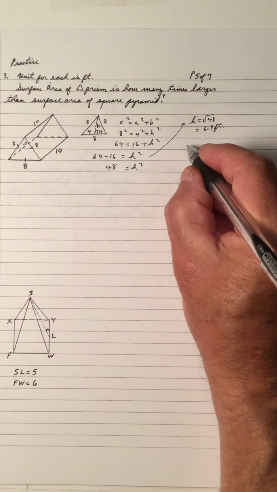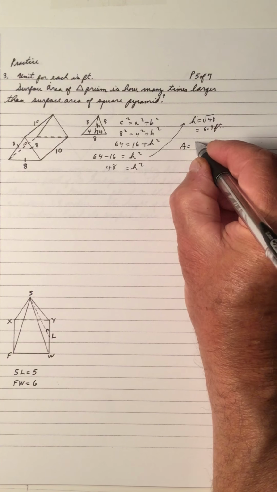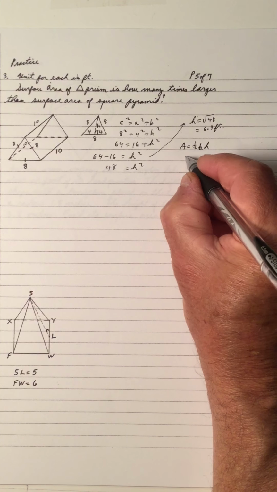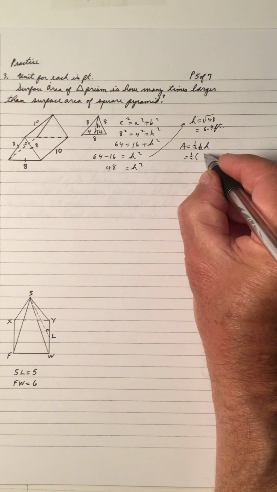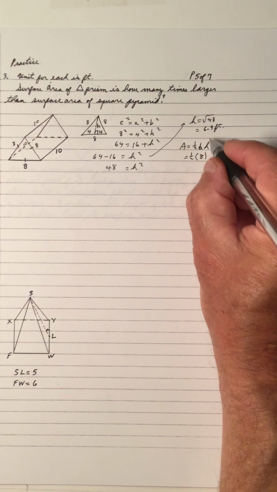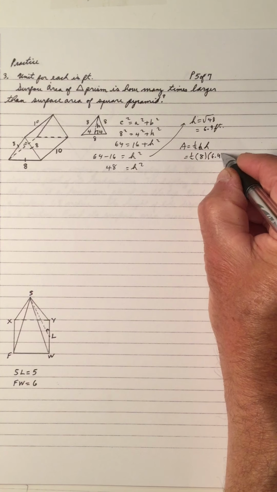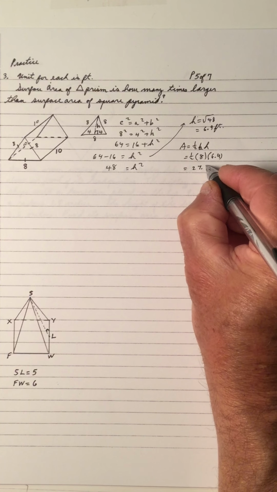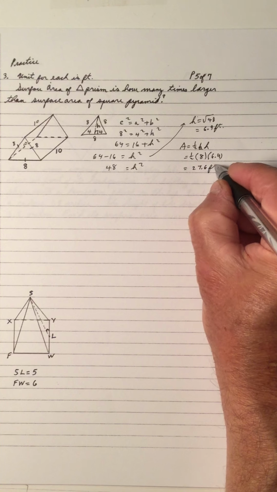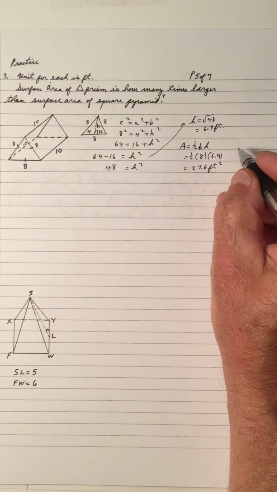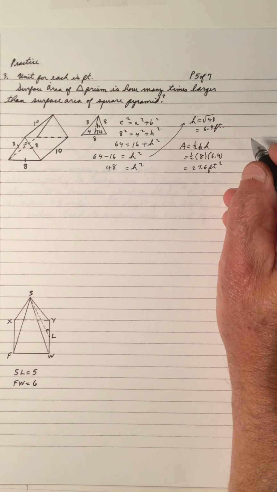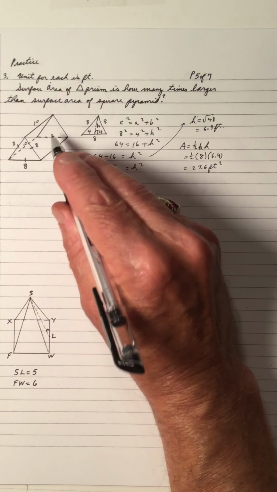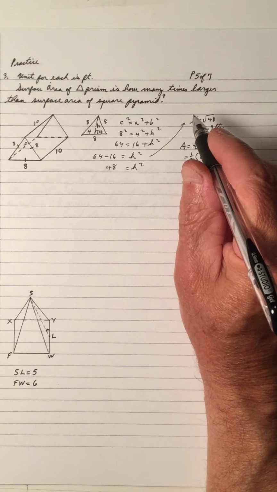So that means the area of the triangle, which is a half the base times the height, so it's a half, and the base is 8, and the height is 6.9. And that works out to be, when you use your calculator, 27.6. And the area is 2 dimensions, so it's square feet. And let's see, we have the base area, but there's 2 of them. We'll work that in the formula after.